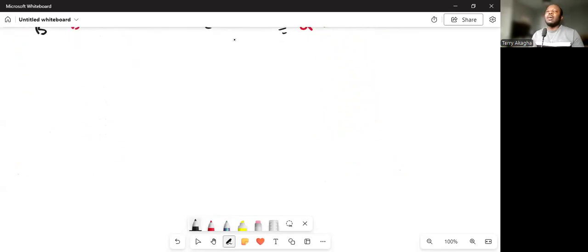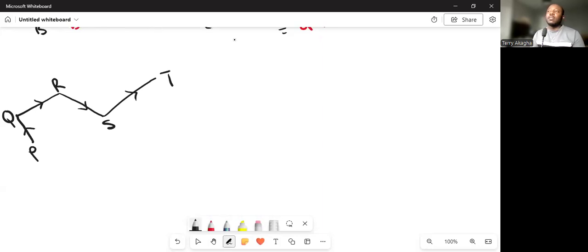All right, let me add one more example. So if, for instance, we have this shape here, we have something like this, like this, and like this. So we're told that this is P, this is Q, this is R, this is S, and this is T. And you were told to find vector PT.